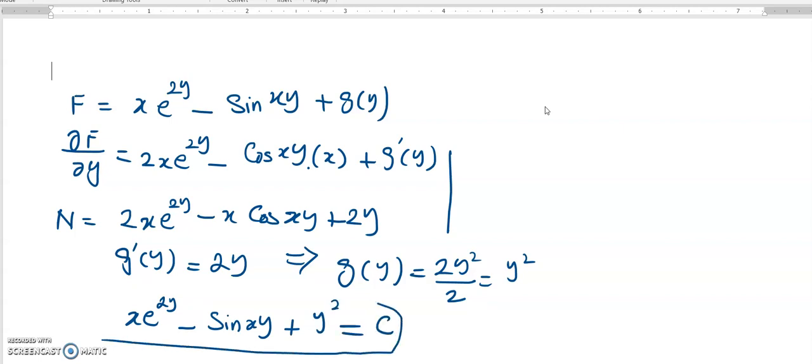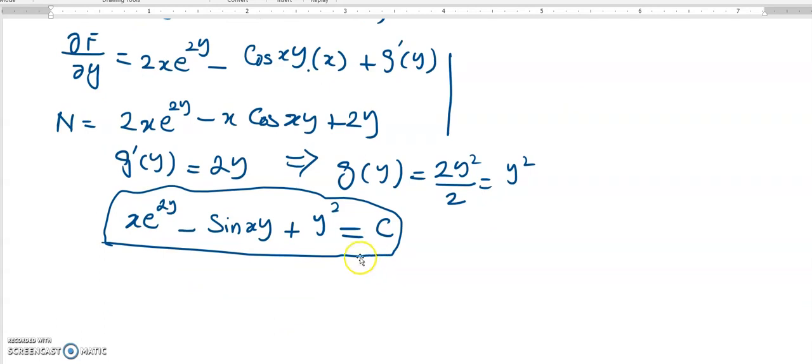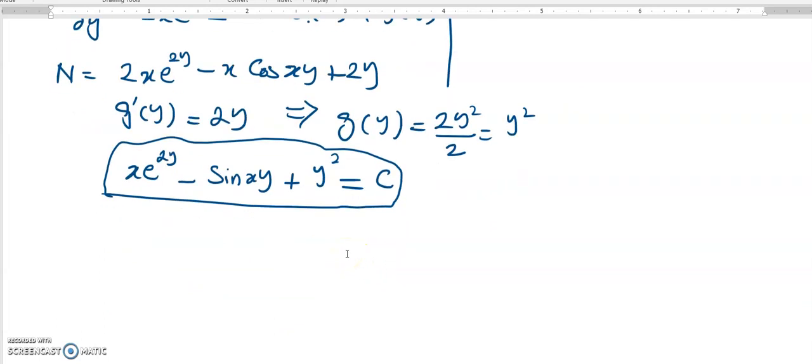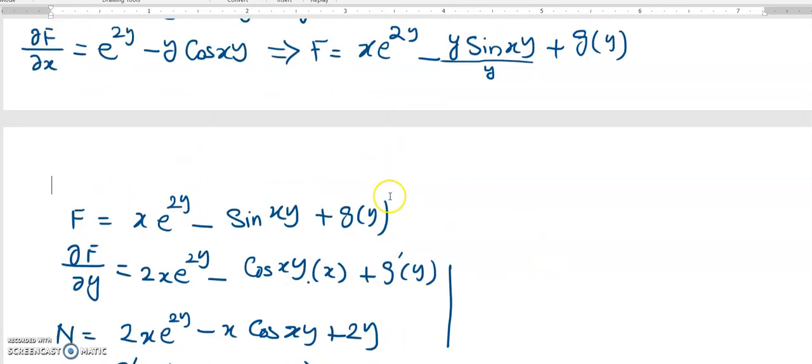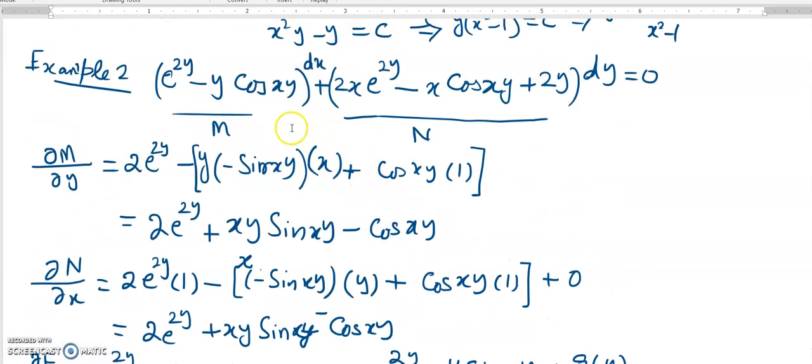So this is the solution. In fact, this solution is in the implicit form. So this is the solution for this equation. You can verify it by partial differentiations, and then you will get the same differential equation over here.